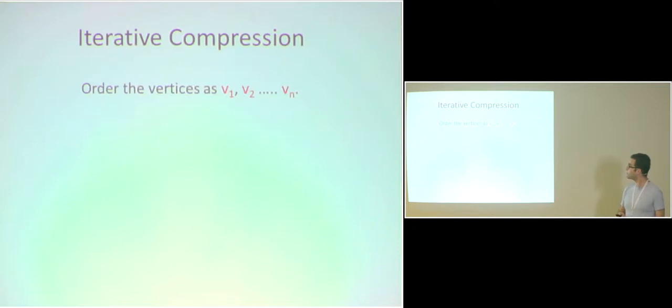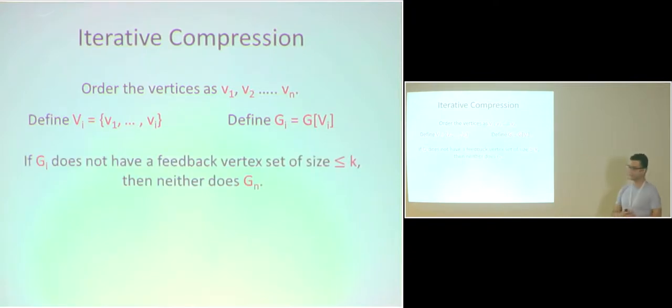So how does that work? Well, let's take the vertices of G, order them from the first vertex to last vertex in some arbitrary way, and then define big Vi to be the set of the i first vertices. Okay? And then I define Gi to be the graph induced by the i first vertices. So G1 is a one vertex graph, then I add one vertex to it to get G2, another vertex to get G3, and so on and so forth. Okay?